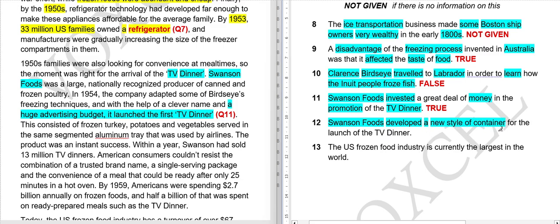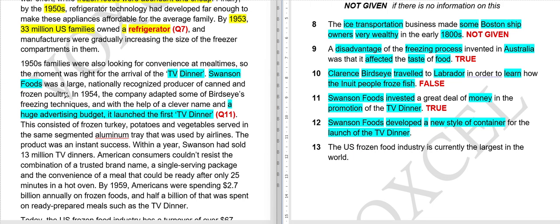So for the launch of this TV dinner, they created a new style of container. If they created a new design of container, new material of container, something like that, we'll say true. But if they didn't create something new, they used something old, we'll say false. And if there is no mention of whether they created something new or not, we'll say not given.